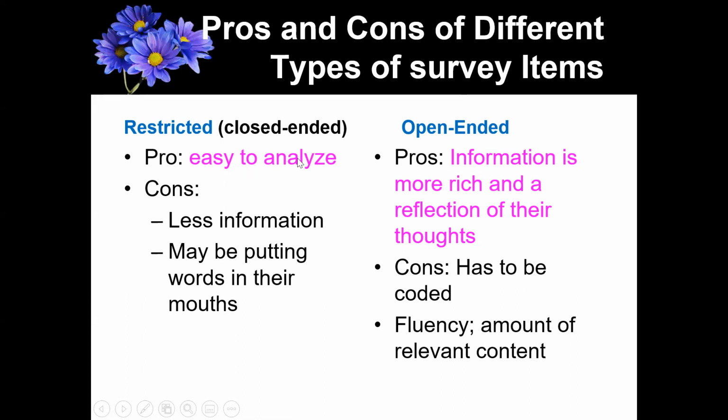If I had a quick survey, I could run it online and collect data from thousands of people, easily analyze my data, and get a nice big, representative sample. But with open-ended questions, I'm not going to collect that much data because it takes so long to code.